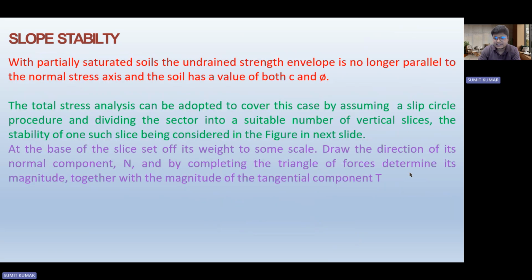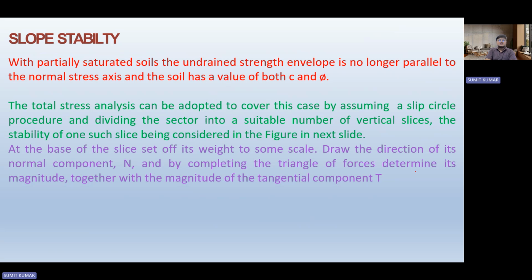Next thing over here is that with partially saturated soil, as I have mentioned earlier, the undrained strength envelope is no longer parallel to the normal stress axis, and the soil has values of both cohesion and angle of internal friction.